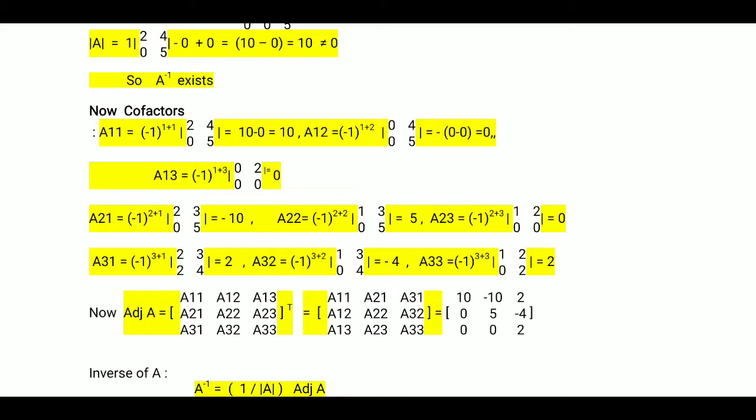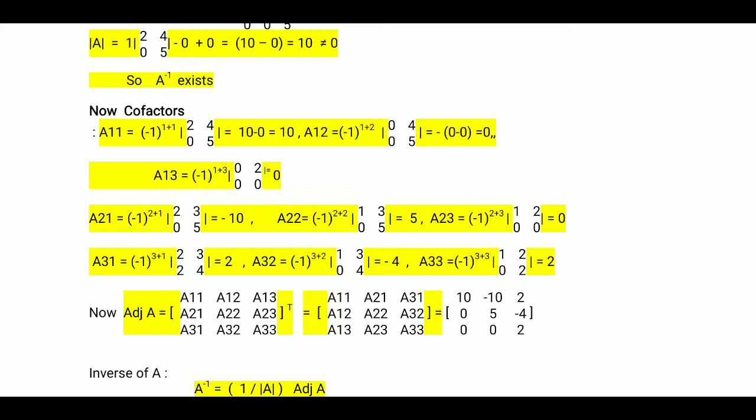Similarly A32 is obtained, minus 1 power 3 plus 2, and a small determinant 1304, so minus 1 power 5, minus 1 to an odd power will give you a minus sign, and the value of the determinant is 4 into 1 is 4, minus 0 into 3, so 4 minus 0, that is 4, that will be minus 4.